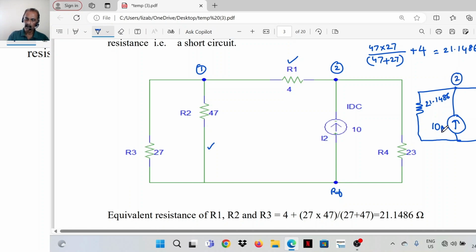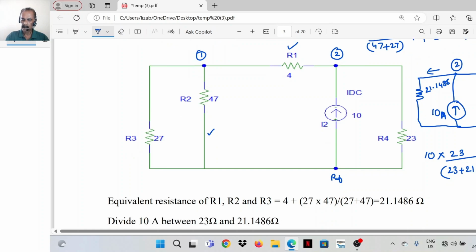Now how will the current of 10 ampere divide between these two resistances? We have to find the current through R1. That means this current. So that is equal to 10 ampere into the opposite side resistance, that is 23, divided by the sum of the resistances, that is 23 plus 21.1486.